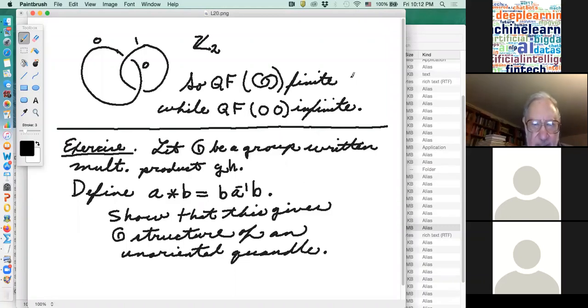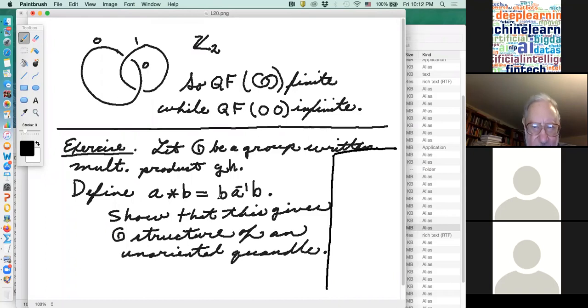It's interesting to do this exercise. I think you'll find it quite easy, so I won't bother you with it, but maybe it's a good idea to look at it in the margin. So we're defining an operation. It's motivated by algebra, strictly for us at this point. But I want you to know, and you can check, that A times A is A inverse A, because this is a group multiplication, and here we're defining the quandle operation.